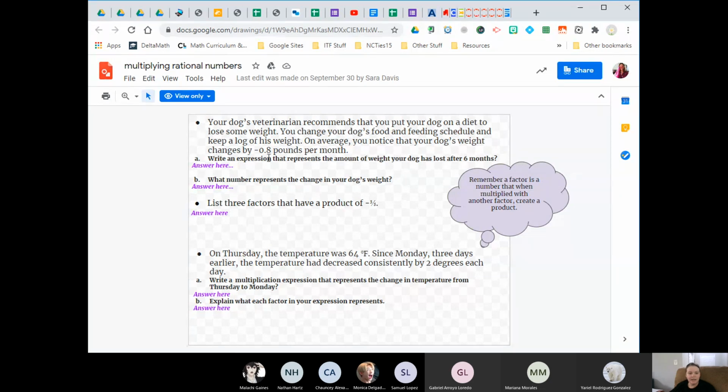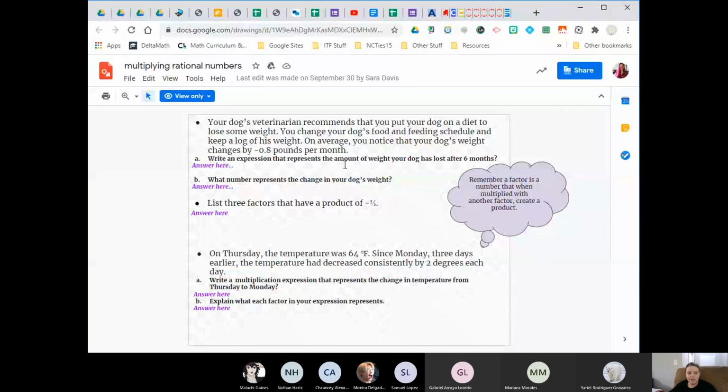So for today, for multiplying rational numbers, you have 2 word problems. The first one is about your dog being put on a diet, and when you change the food in the feeding schedule, you keep a log of his weight, and you notice that he's losing 0.8 pounds per month. So if he's losing, that is a negative number.